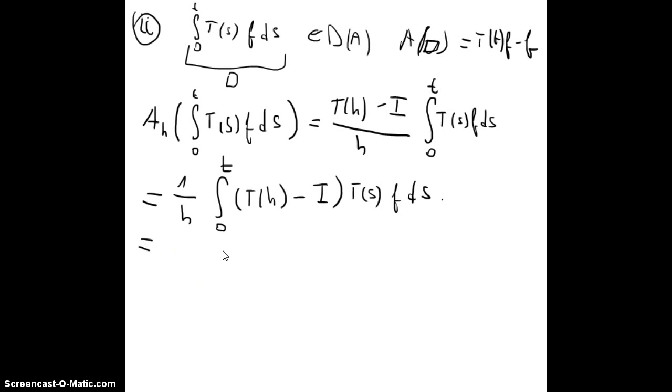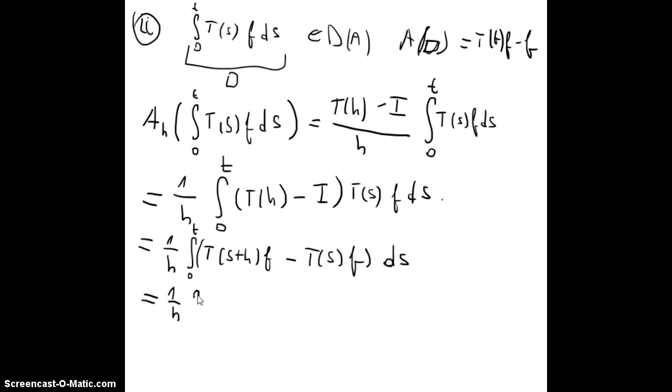Okay, so by the semigroup property we will unite T_s with T_h, and we will obtain the integral from 0 to t of T_{s+h} f minus T_s f ds. Okay, so now this will be equal to 1 over h times the integral, and now we will make a change of variables.